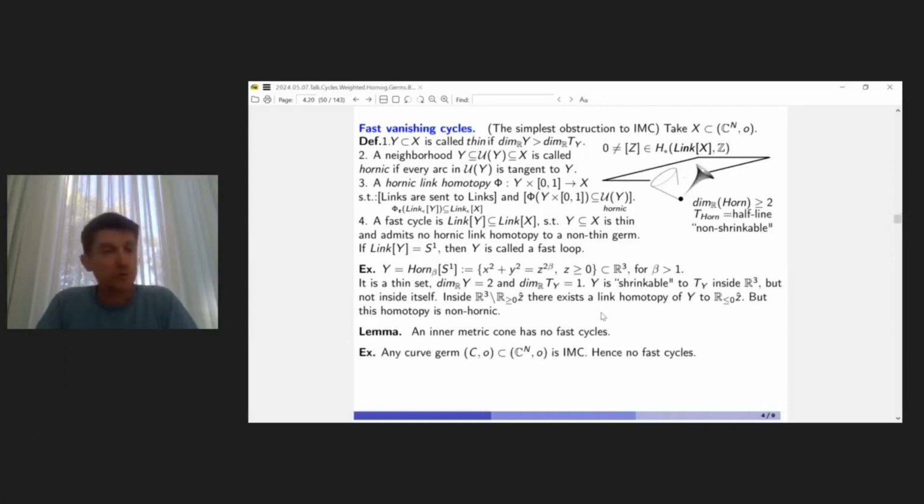And to recall from the previous slide, any curved germ is inner metrically conical, so it has no fast cycles. And once again, the main question is how to detect the fast cycles, because in the complex case in higher dimensions, we cannot really visualize the germs. It is hard to see how they look.